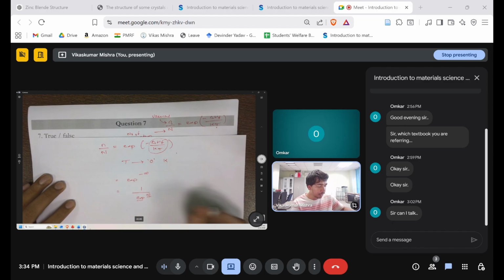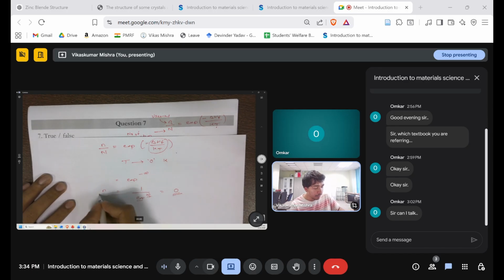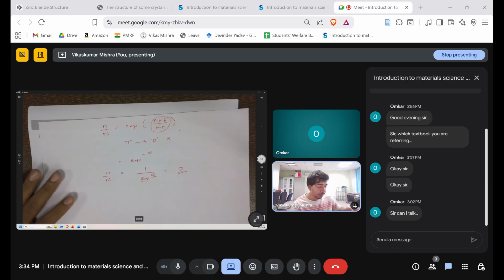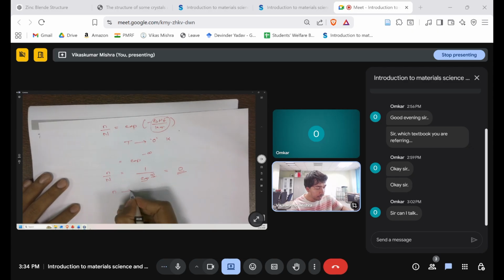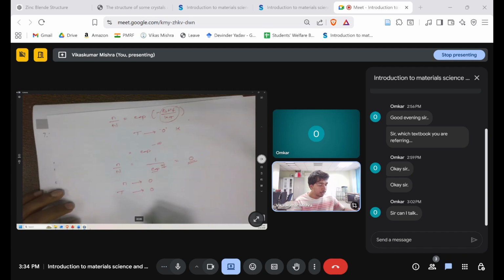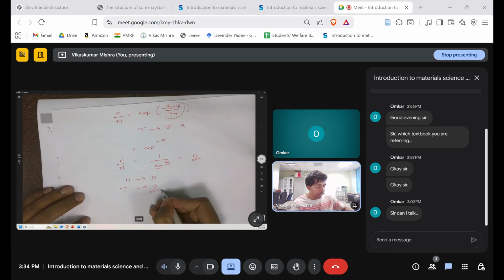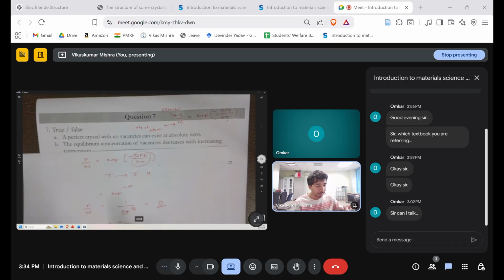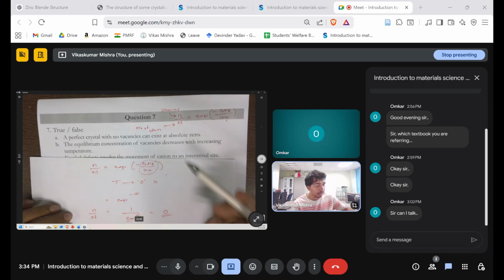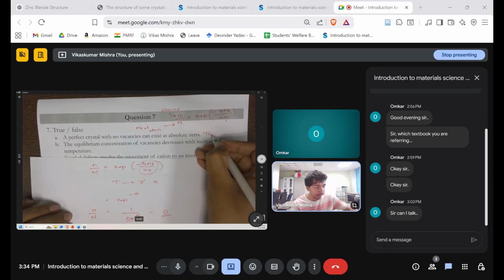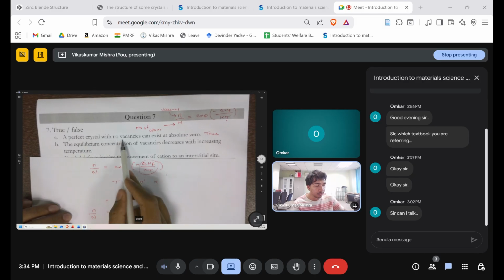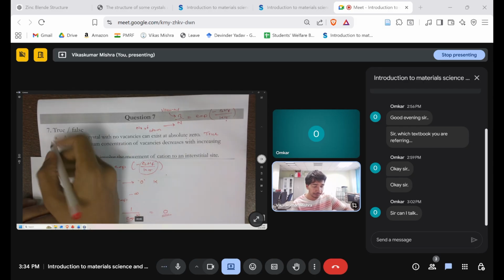Exponential to the power infinity will be nothing but an infinite number. 1 divided by an infinite number will come to be 0. So small n divided by capital N will tend towards 0. We can say that n is tending towards 0 when T tends towards 0. So when the temperature is tending towards absolute 0, the concentration of the vacancy will also be tending towards 0. A perfect crystal, so it's a true one. Yeah, so it's true. Very good. A perfect crystal with no vacancy can exist at absolute 0.